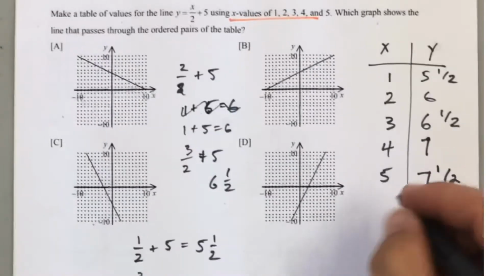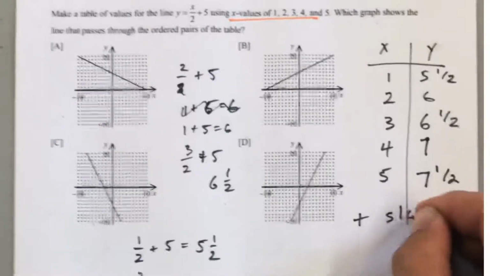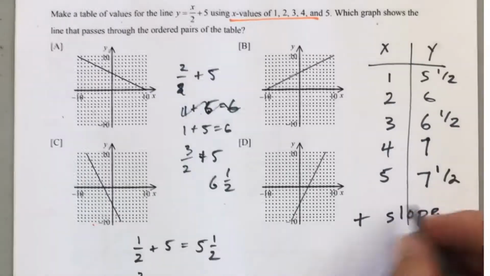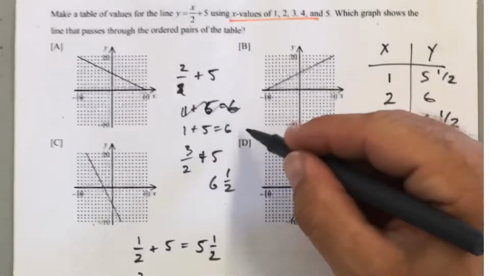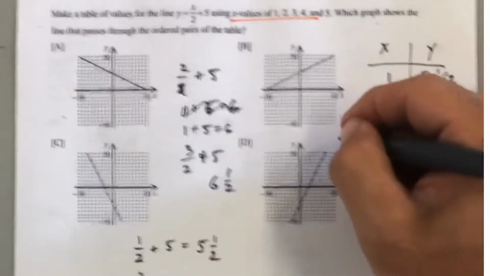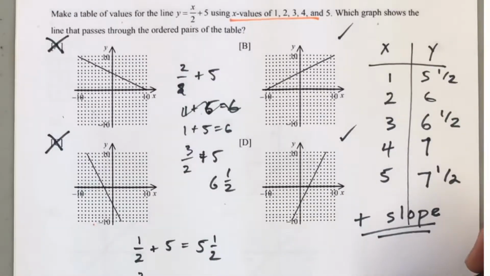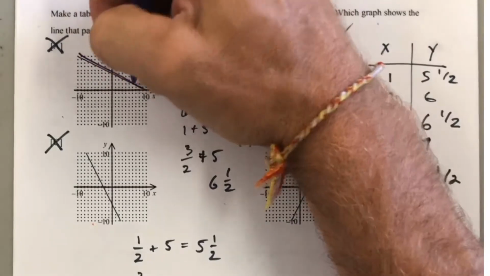So right away I know I have a relationship that's going to give me a positive slope. And the only two answer choices with a positive slope are D and B. So I can eliminate A and C. I know right away that's not going to be the answer because these are negative slopes. They're going down.